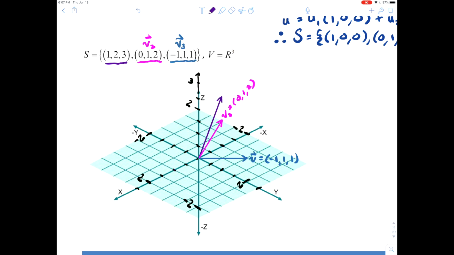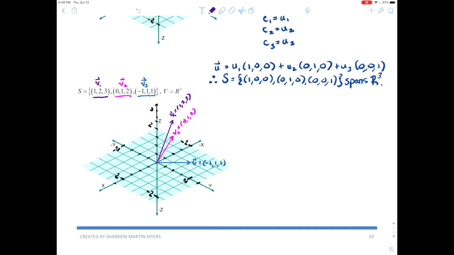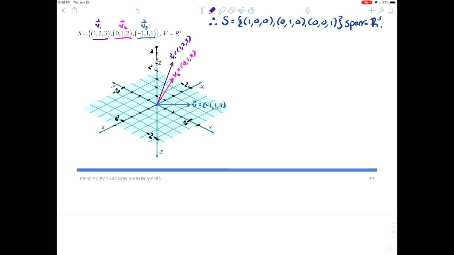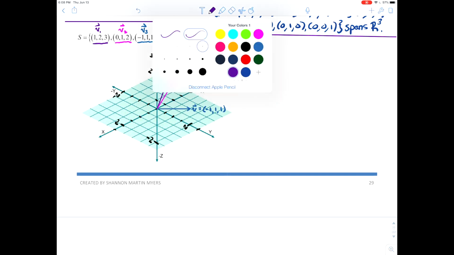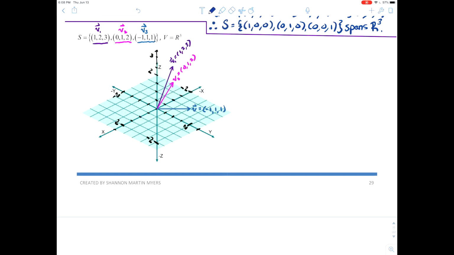And then V1 was equal to 1, 2, 3. Cool, cool? All right, I like for you guys to see where things come from. Okay, so now let's start figuring out this problem.